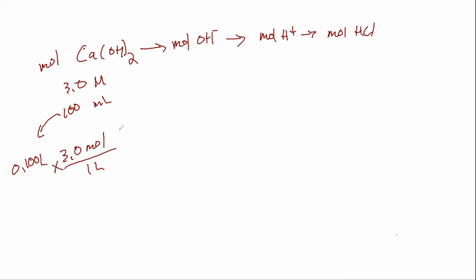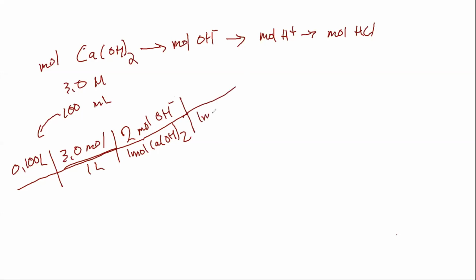Then from there, let me go ahead and clean this up a little bit, make this easier to follow. I know that 1 mole of Ca(OH)2 makes 2 moles of hydroxide. Right? We have a ratio there.